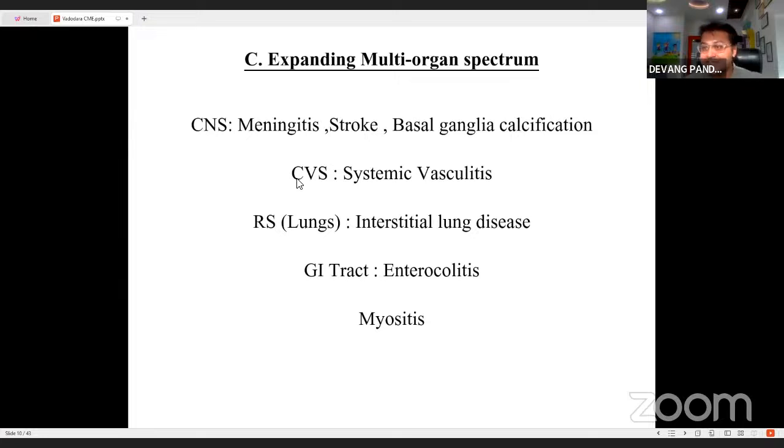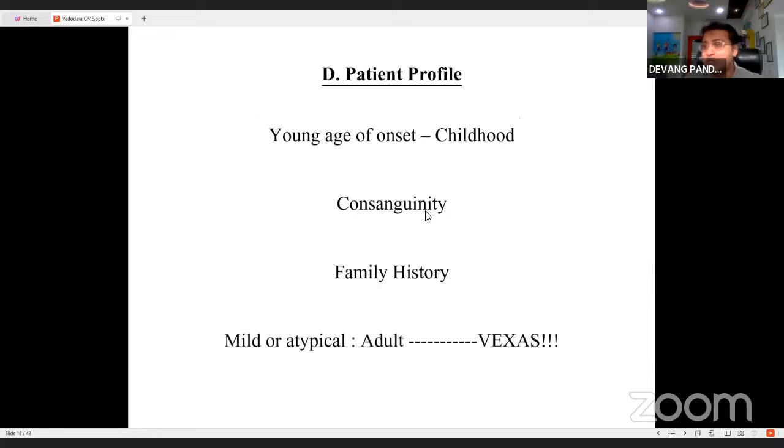In the respiratory system, it can cause interstitial lung disease. In the GI tract, it can cause enterocolitis and myositis as well. So there is a multi-system presentation, but with typical febrile episodes and some common symptoms, and if more than one system is involved, this is how we should suspect autoinflammation.